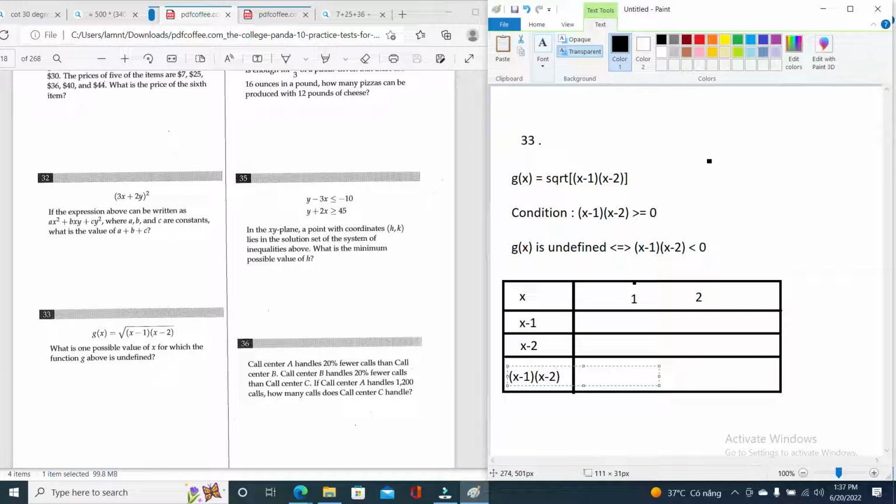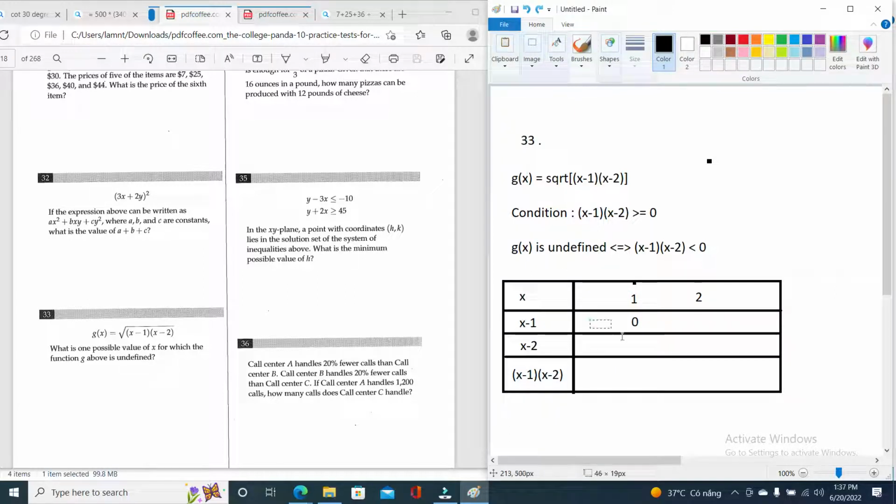Okay, so when x is equal to 1, x minus 1 is equal to 0, right? Whenever x is smaller than 1, x minus 1 is negative, so it's negative here, right?